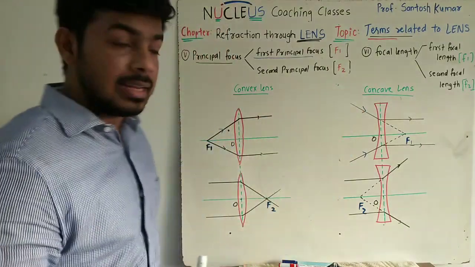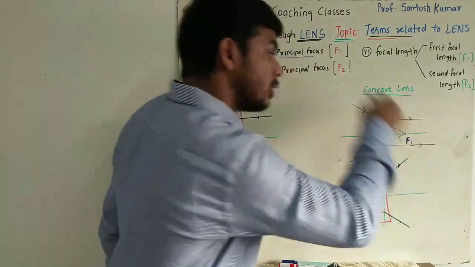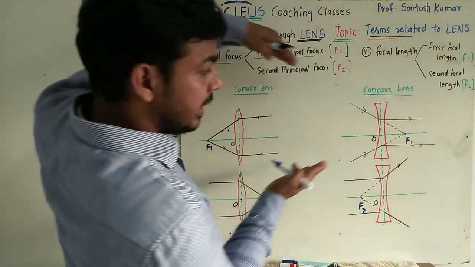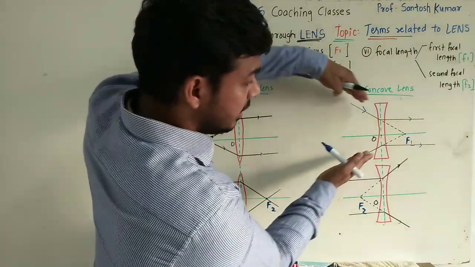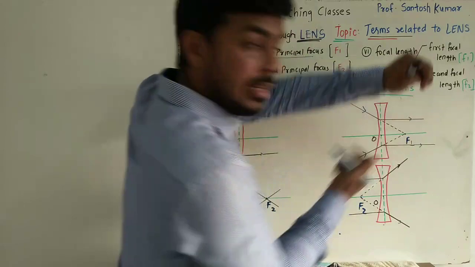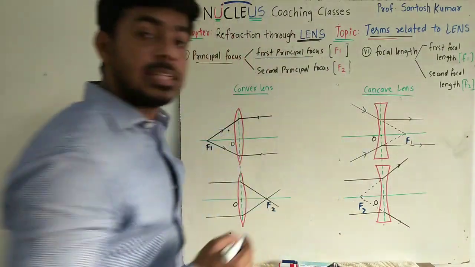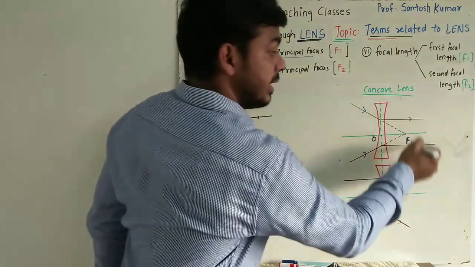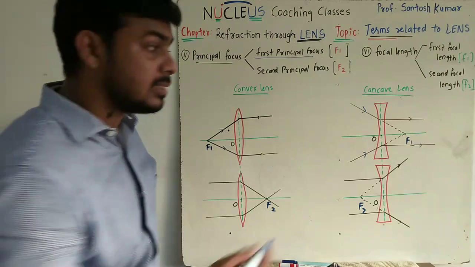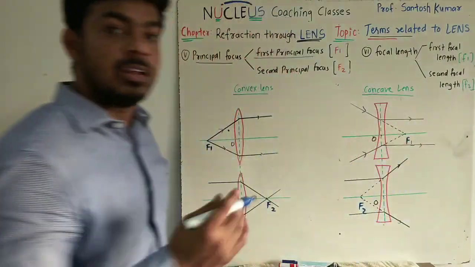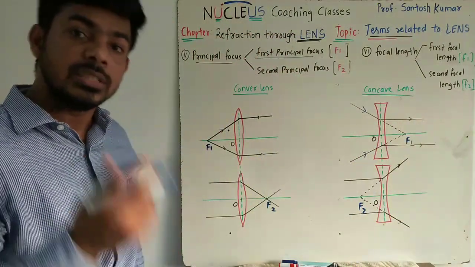And for concave lens, it is that point on the principal axis where the rays, if the lens was not present, would have met at F1. But due to the presence of this concave lens, these rays are traveling parallel to principal axis. So definitely this point will be defined as first principal focus, F1.